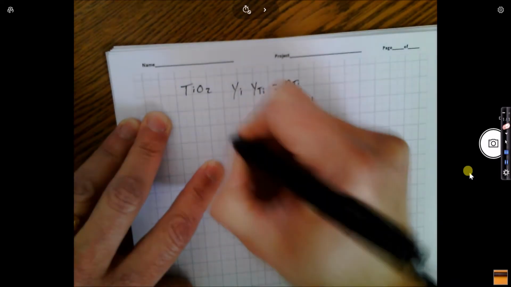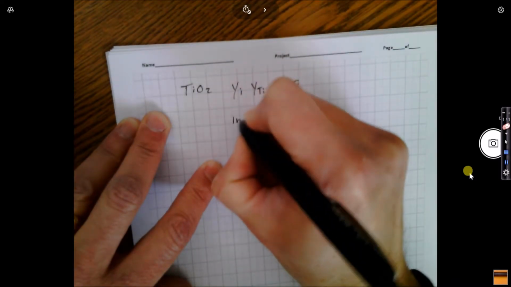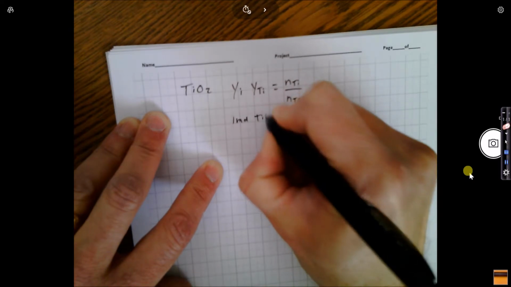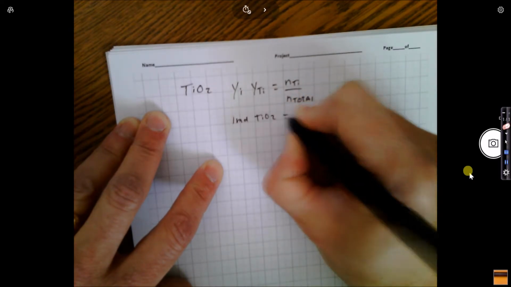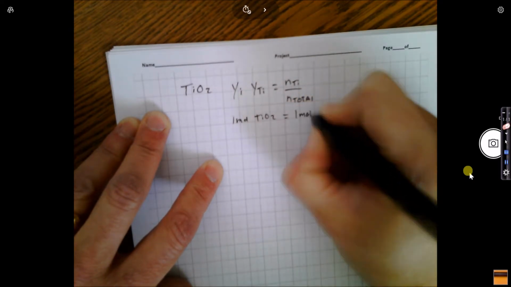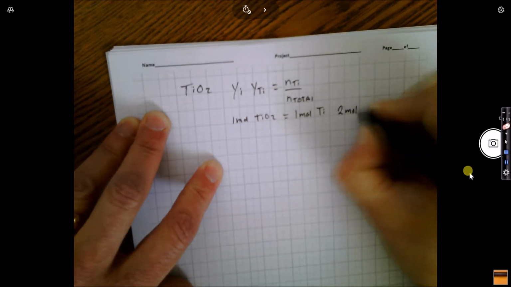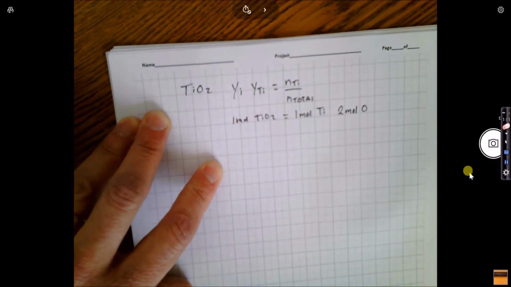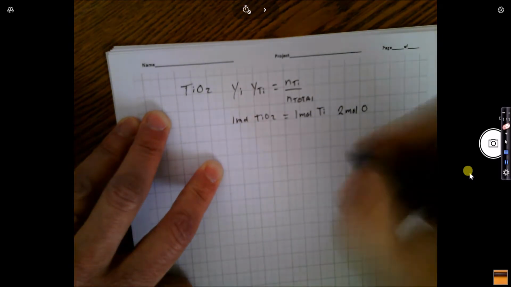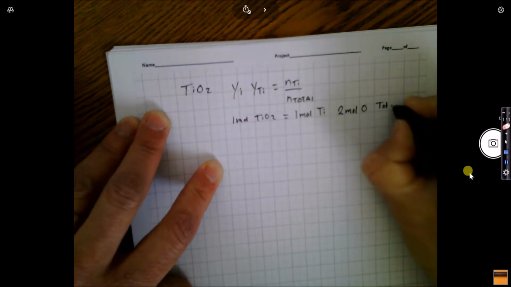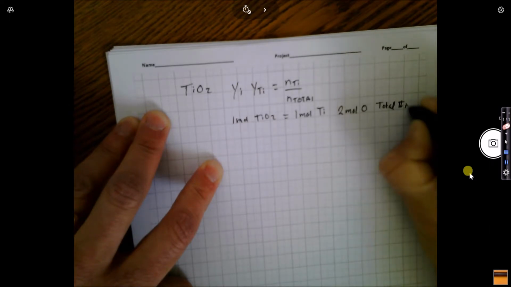So in 1 mole of titanium dioxide, you have 1 mole of titanium and 2 moles of oxygen. Okay, so that means the total number of moles is 3.